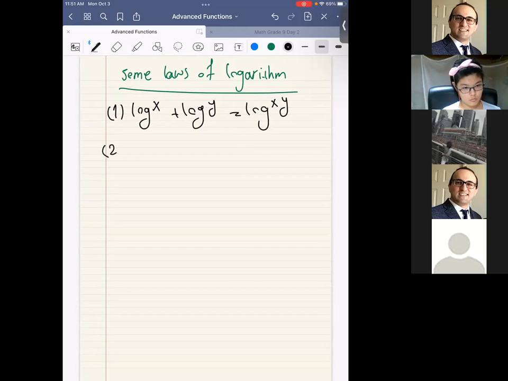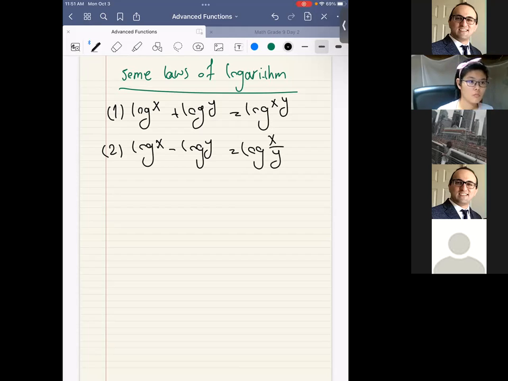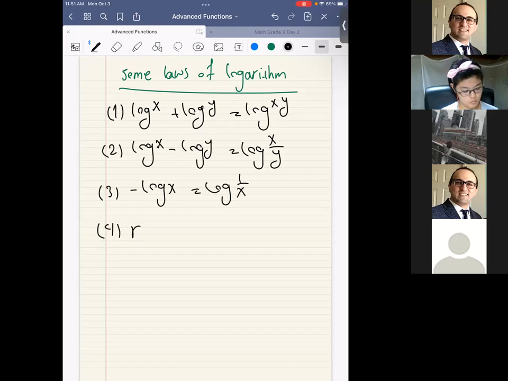And the second law is that log of x minus log y is equal to log of x divided by y. Third, minus log x is equal to log of 1 over x. Fourth, r times log x, or maybe it's better to say log of x to the r.